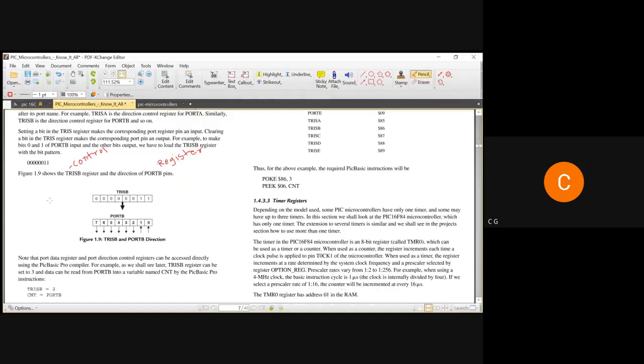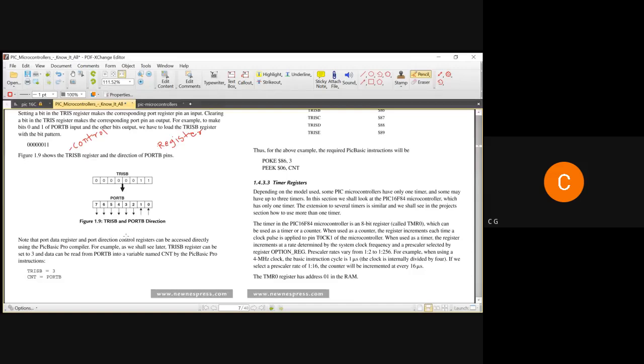This decides whether the data is going to be sent out or sent in through this port, because this port's function is bidirectional. But at one time it has to perform only one way data transmission. Either it can send out the data or send in the data.